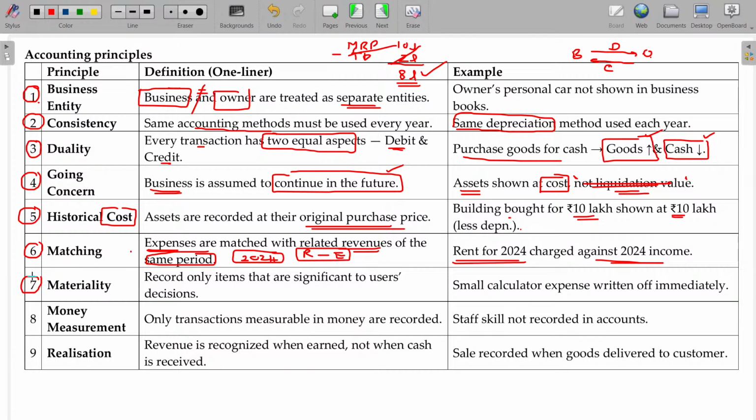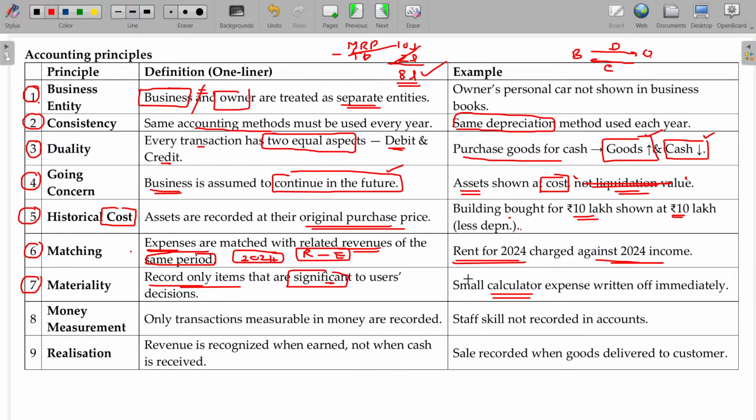Materiality principle. Record only the items that are significant to users' decisions. Significant, very important. See, if you purchase a calculator, the calculator will have a 4-5 year life also. So if the payment gives you benefit for more than 1 year, it is usually an asset, meaning capital expenditure.